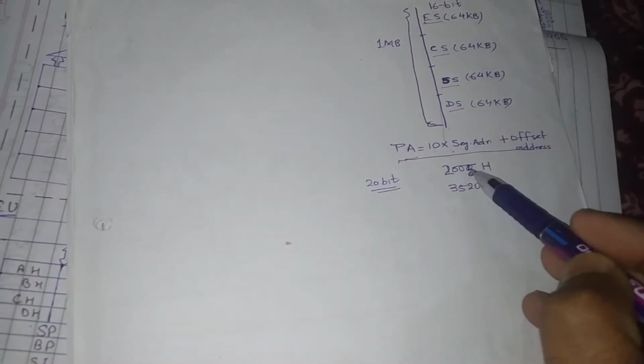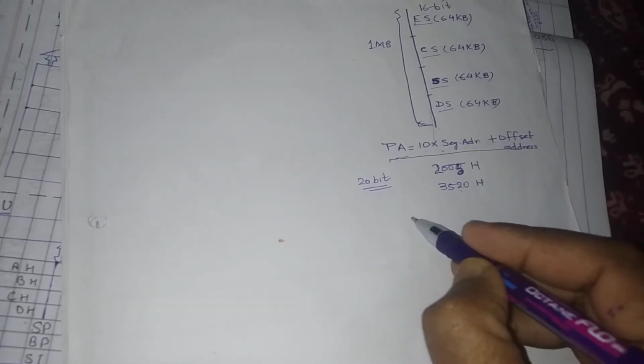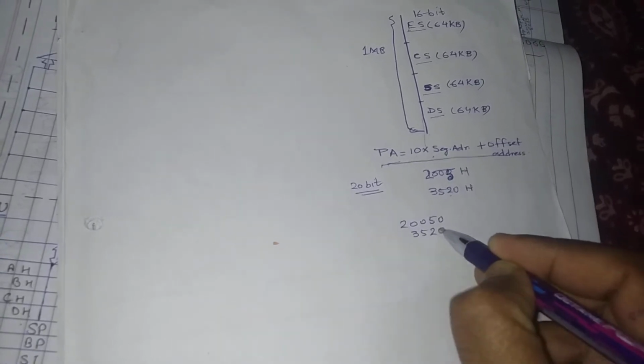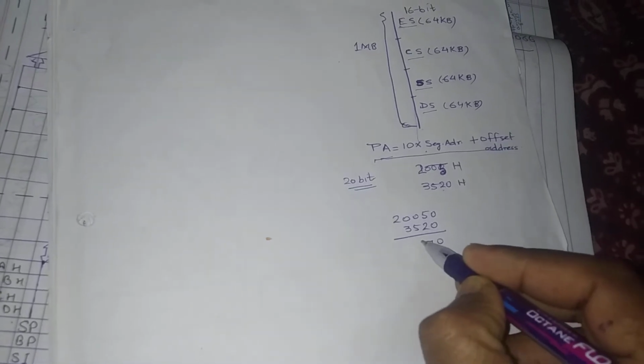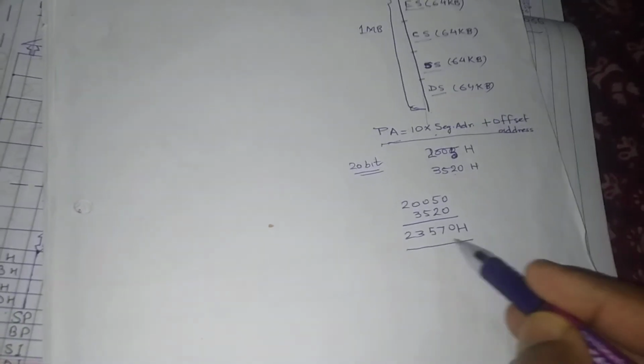It can be calculated by multiplying 10 into this plus this, that is, it becomes 20050 plus 3520. It becomes 23570. What is the size?